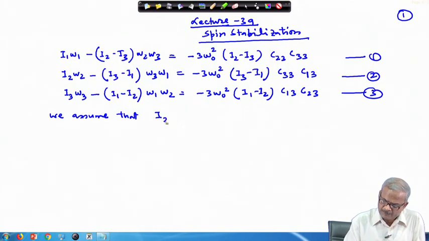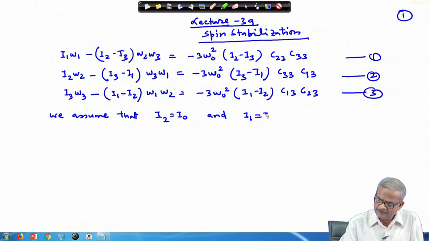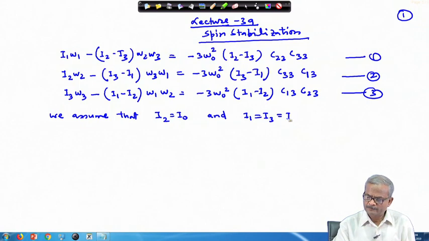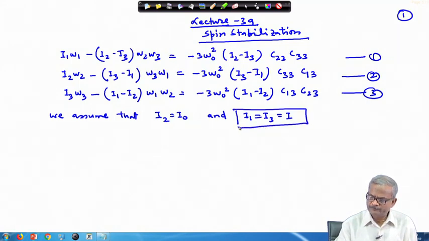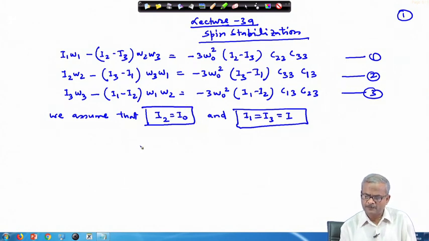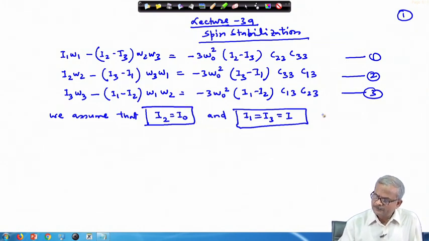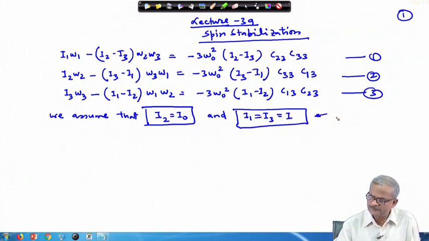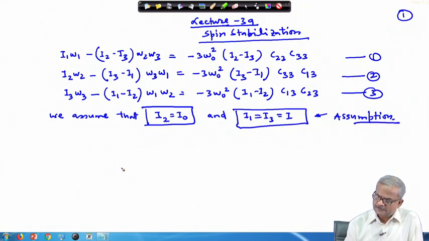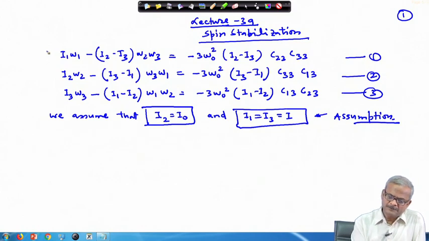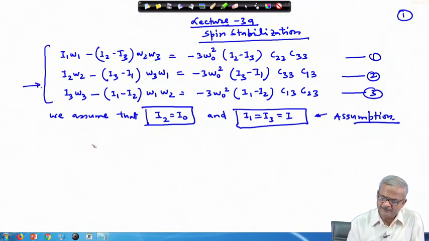We assume that I 2 equals I 0 and I 1 equals I 3. So, we are going to analyze the system under this condition. This is our assumption. For this case, the whole dynamics gets simplified.